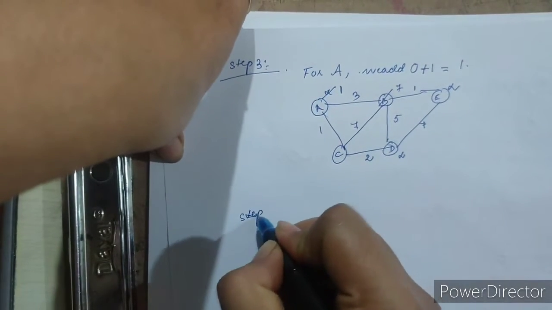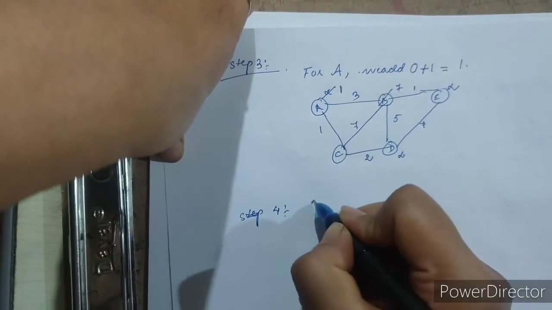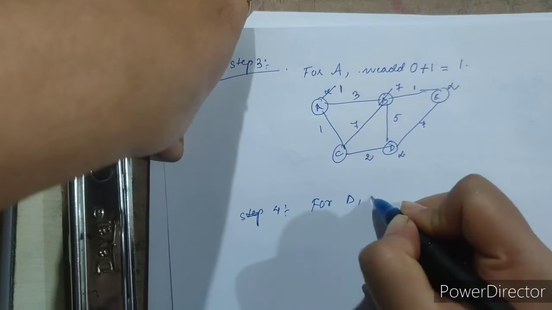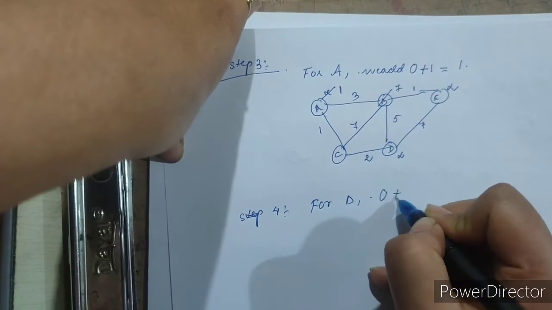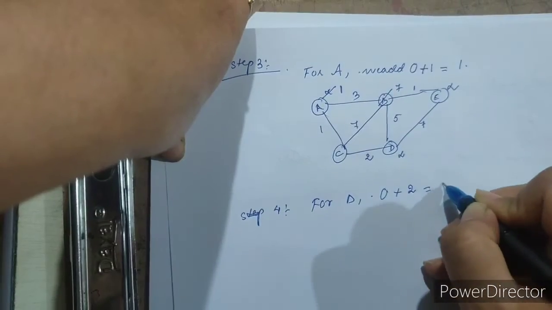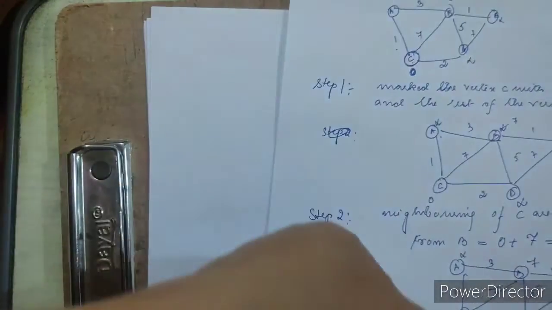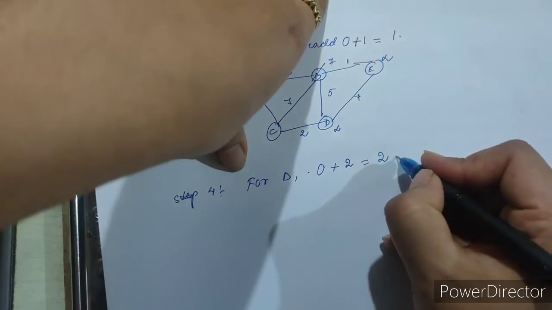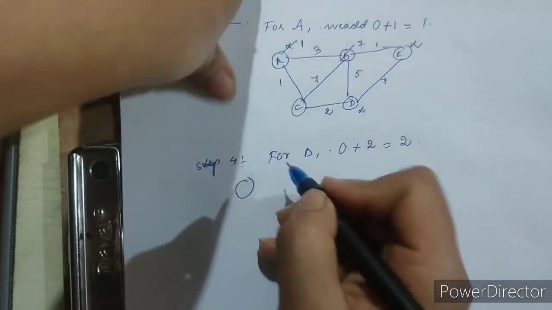Next, for step number 4, for D, 0 plus 2 is 2, right? So it was marked as infinity before. So we get the result like this.